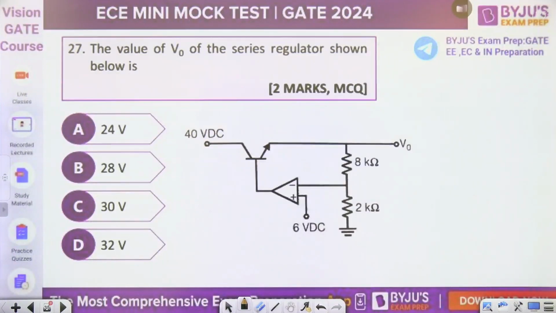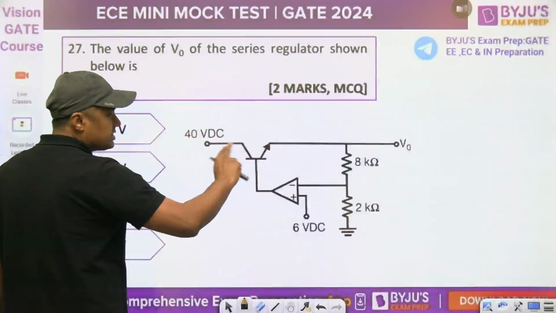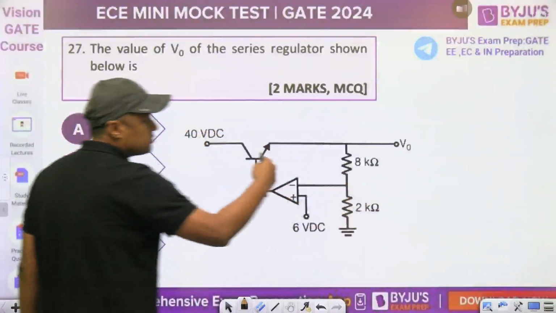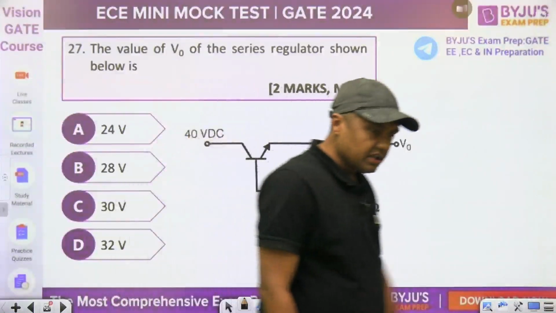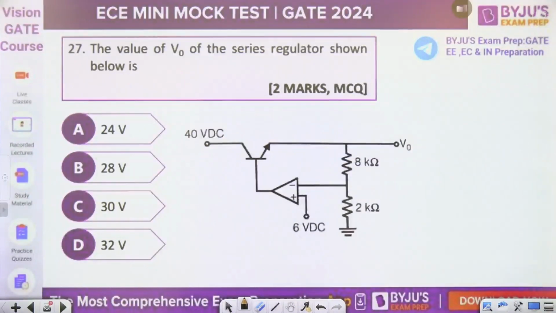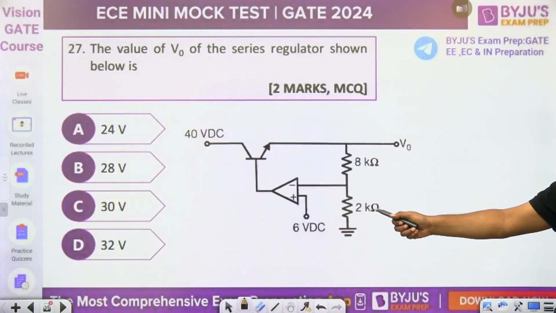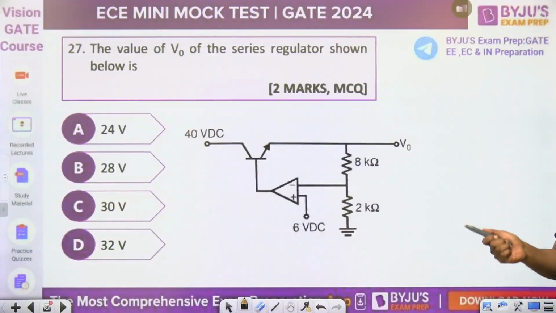The value of V0 of the series regulator. Series means that this transistor is connected in series with the RL, and that's why it is called a series voltage regulator. Then tell me, what is the output voltage, guys? Options: 24 volt, 28 volt, 30 volt, 32 volt. An 8 kilo ohm resistor is connected, and a 2 kilo ohm resistor is connected. It is a 2 mark question, MCQ, with 2/3 negative marking.